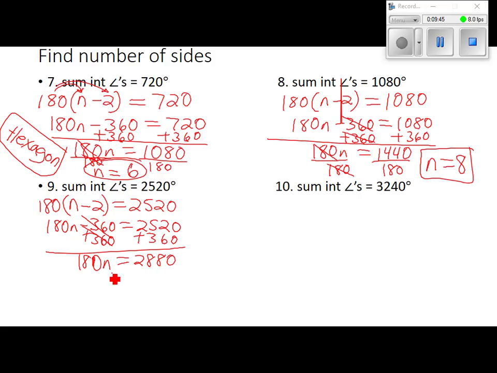No, that's right. Divide by 180. 16. What kind of shape do we have this time? 16-gon. Ethan, all that making sense? Easy stuff. Just using the formula backwards.